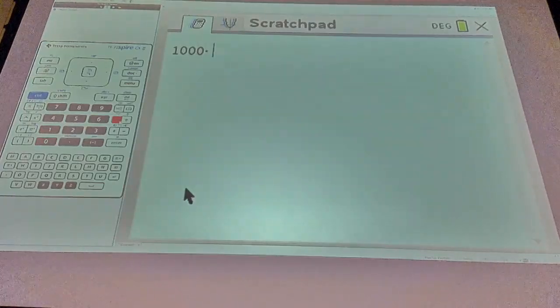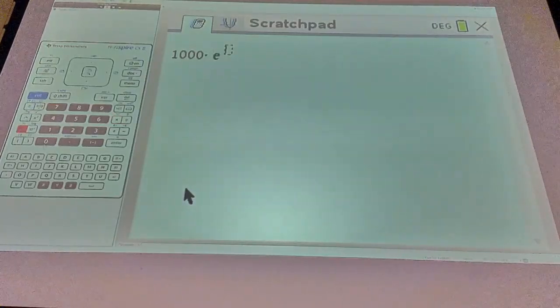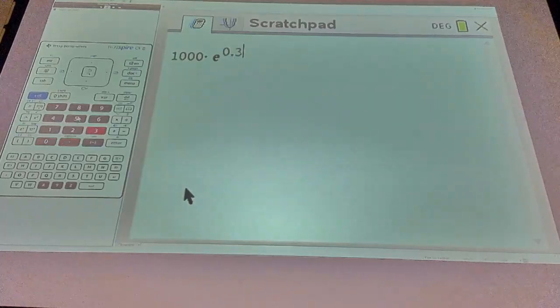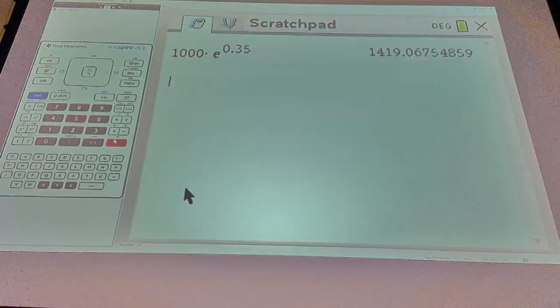And this is where I say do not use the approximation for e. If you look at the calculator I recommend, there's your e key right there. Every calculator will have one that is e to the x. E. $14.19 and 7 cents.